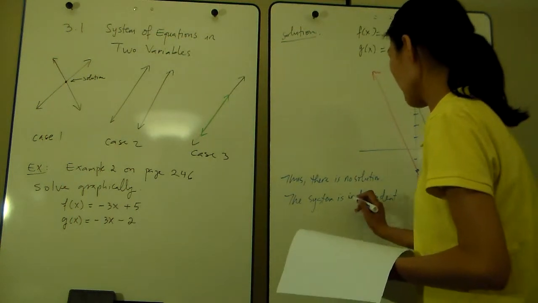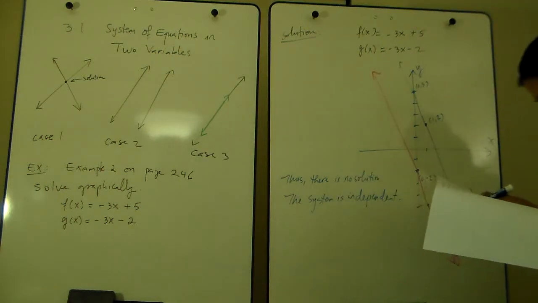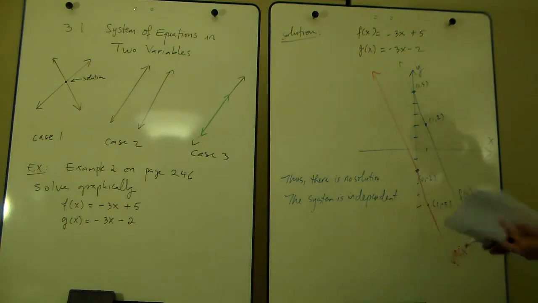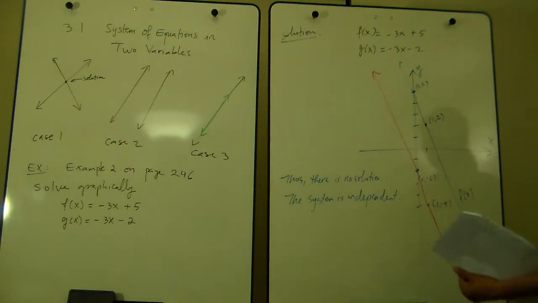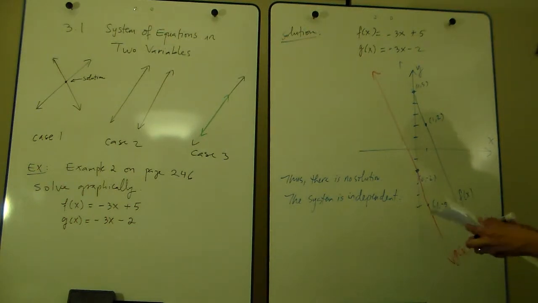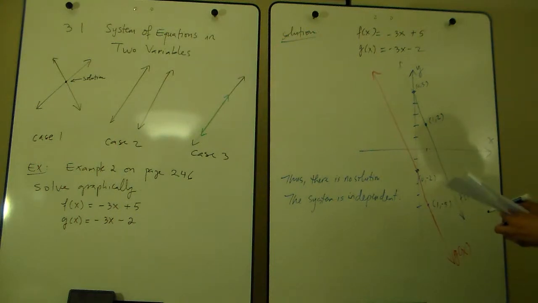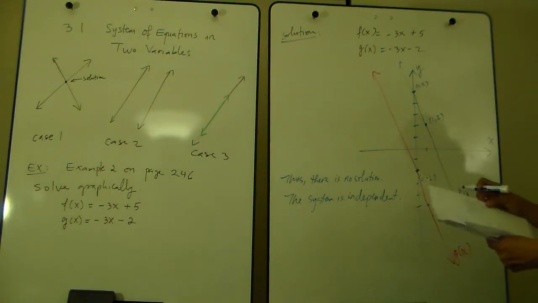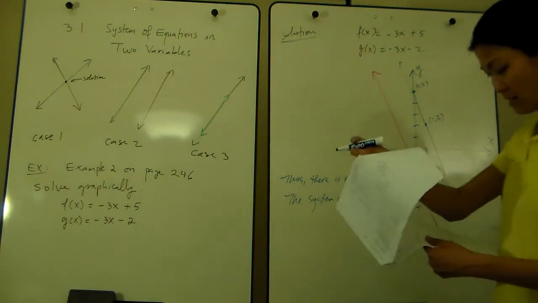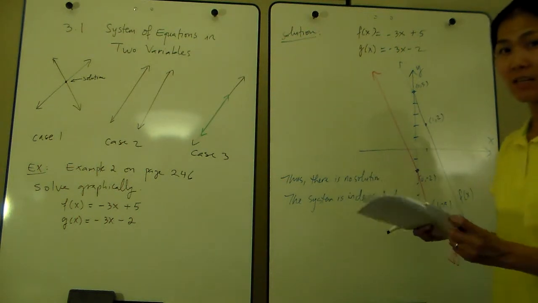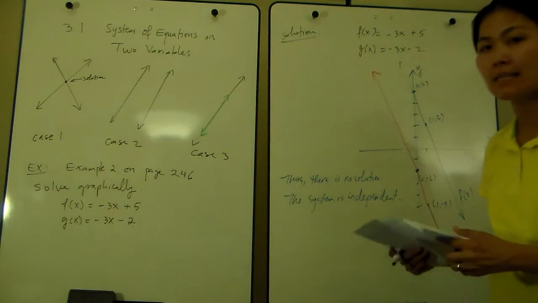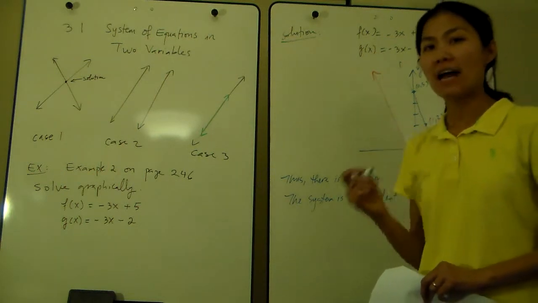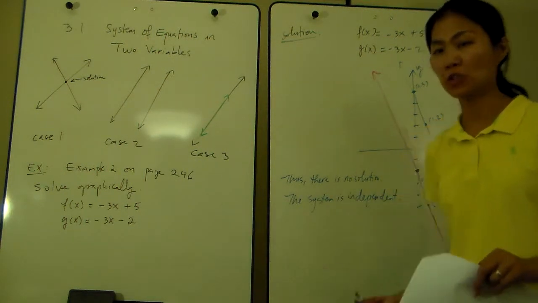Now, what if I ask you about consistent? Is the system consistent or inconsistent? Again, if you're not sure, look at case 2. What does it say? The system is inconsistent. Why is that? Because to be consistent, the system must have at least one or more solutions.